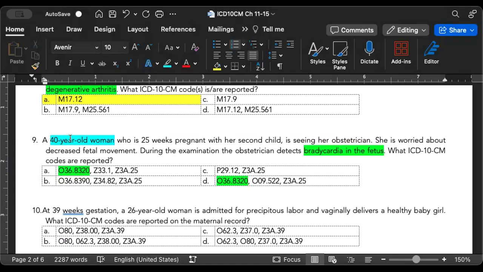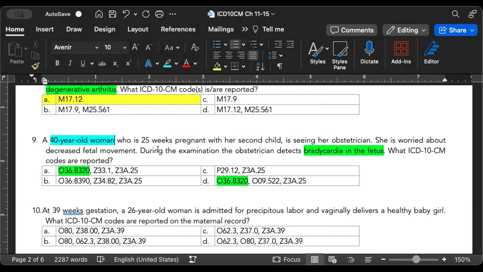But any woman that is over 40 is considered an elderly pregnancy. I know that sounds crazy, but at 40, your body starts to change. You're not able to carry the pregnancy as well. Some people can, but the risks of being pregnant at 40 years and older increase.